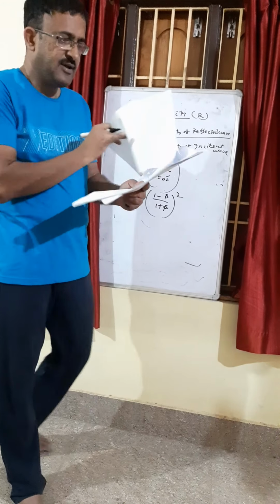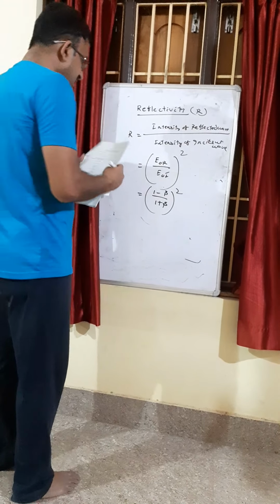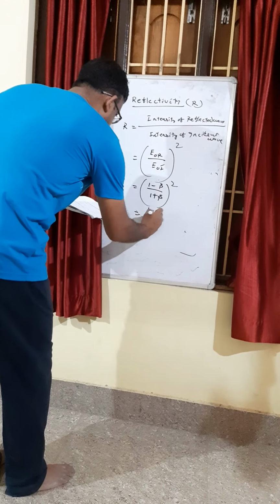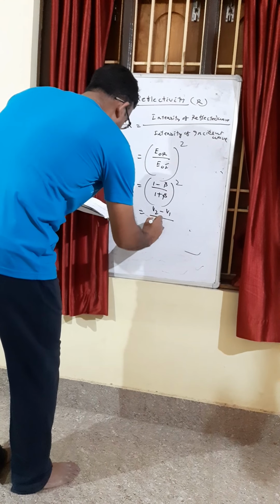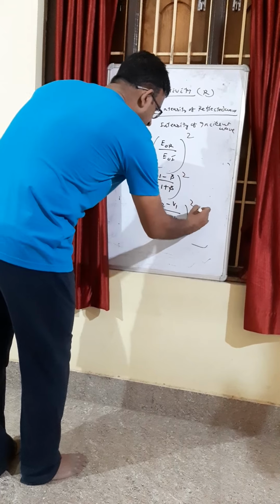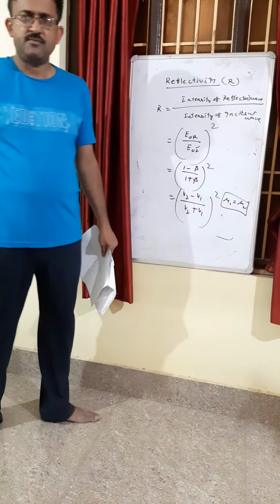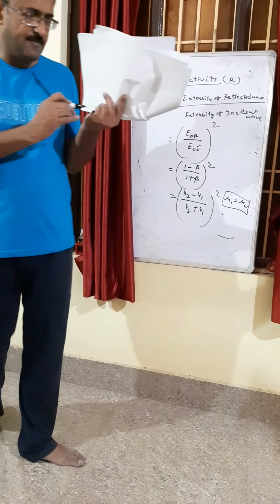This is the expression for reflectivity we have obtained. In terms of velocity, it will be (v2 minus v1) by (v2 plus v1) whole square, provided the assumption that mu1 equals mu2. This way you can get the reflectivity.